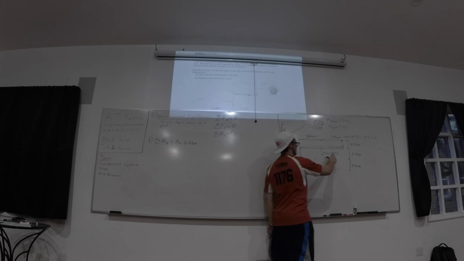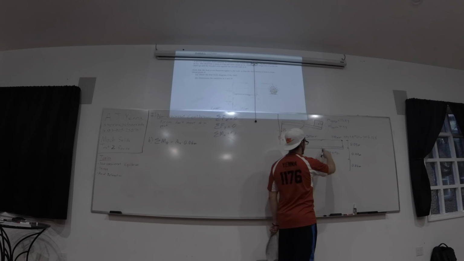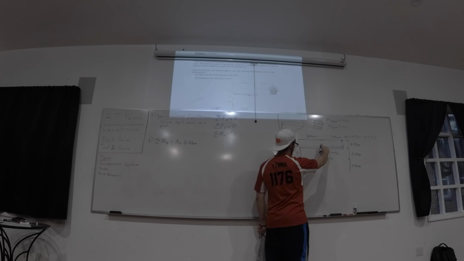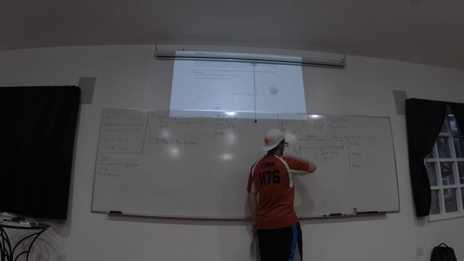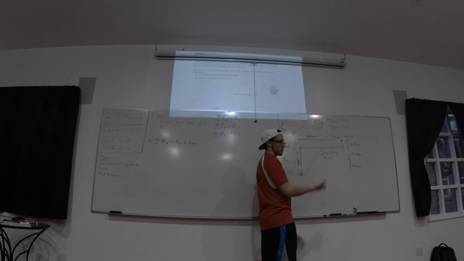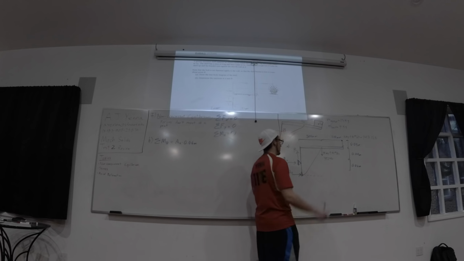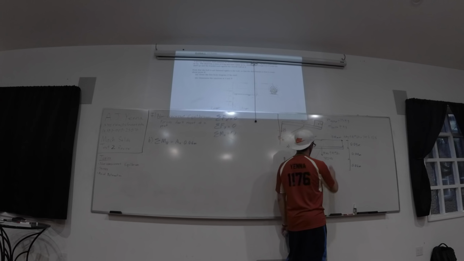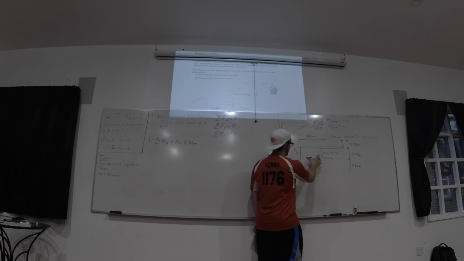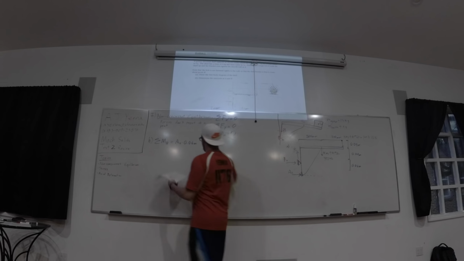Minus 4 kilograms times 9.81 meters per second squared, because it's negative since it's going clockwise around, so just the positive negative sign of moments. So it's negative 39.24 newtons times the distance between that line of action and point B, which is 0.2 meters.